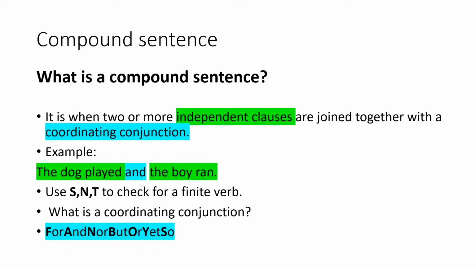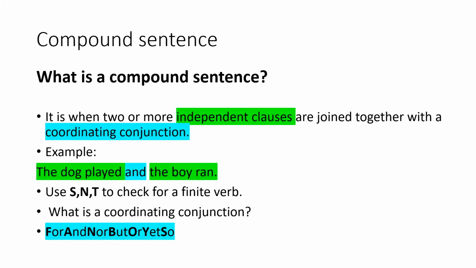The second type of sentence we're going to look at is a compound sentence. What is a compound sentence? It is when 2 or more independent or main clauses are joined together with a coordinating conjunction. Let's have a look at an example. The boy played and the dog ran.